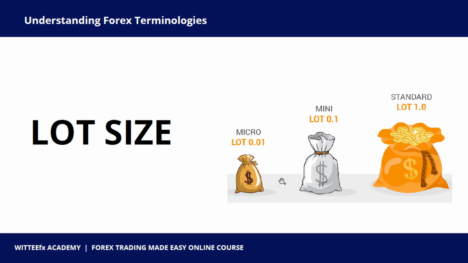And then the standard lot size now is 1.00 lot size up to, for most brokers, 500 lot size. However, for some extreme brokers, it could actually allow you to trade as much as 1,000 lot sizes.